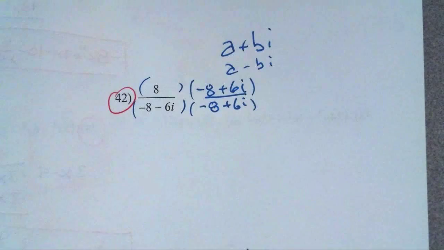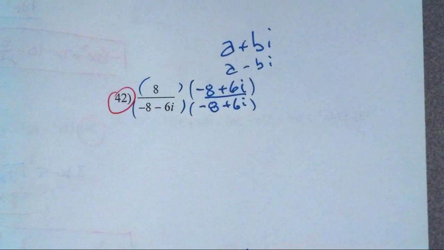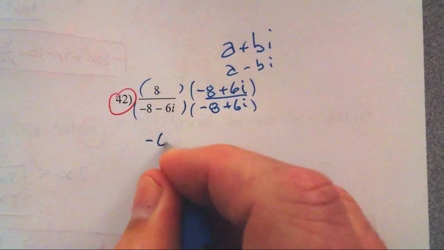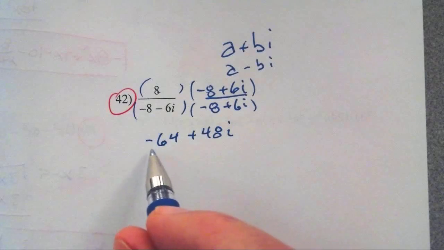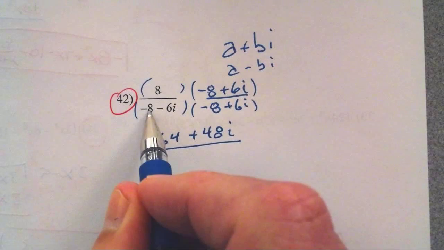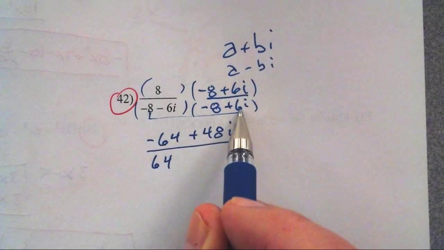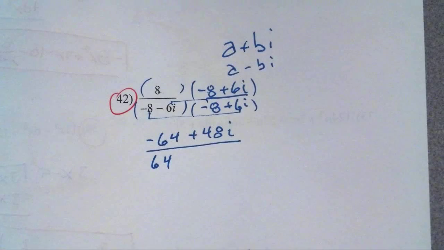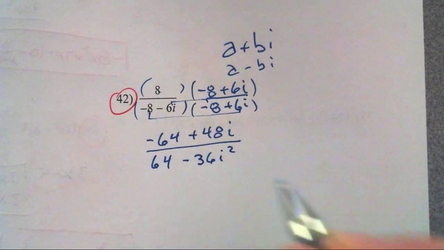Now, before I do that, I probably should have gone ahead and reduced by 2. But since I committed, I'm just going to do my reducing at the end. So distribute here. I get negative 64 plus 48i. So I made the numerator a mess, over denominator. Let's go through this kind of in our head. Well, first I get a plain old 64. Then I get minus 48 i's, but then I get plus 48 i's. That's the conjugate going to work for us. And then I get minus 36 i squareds.